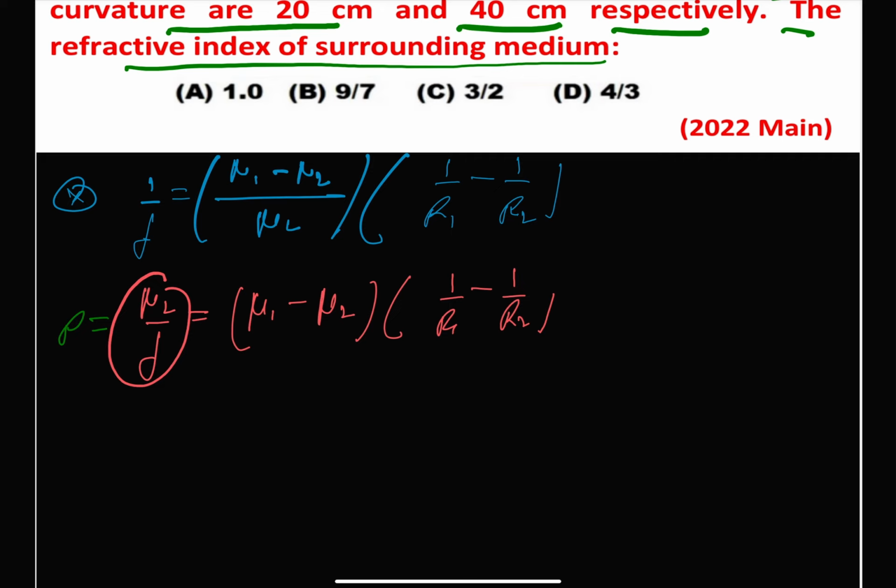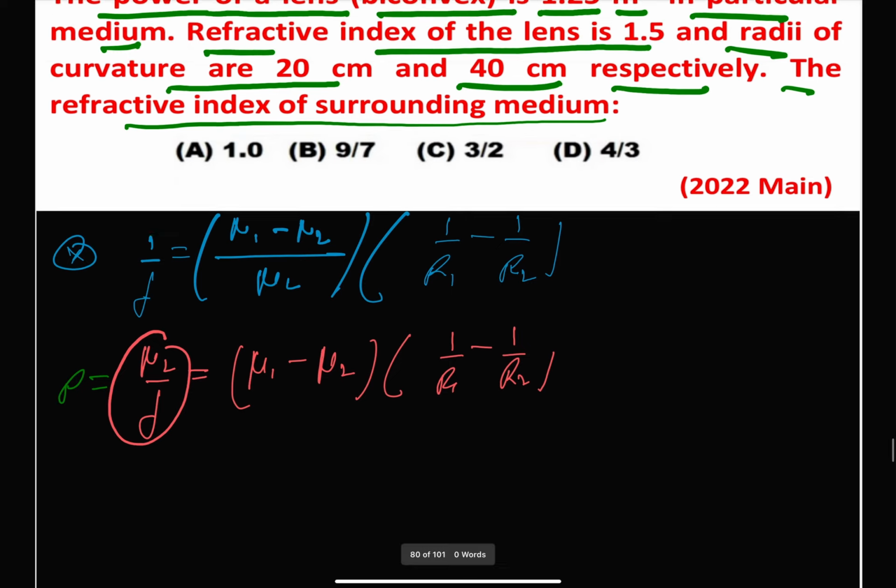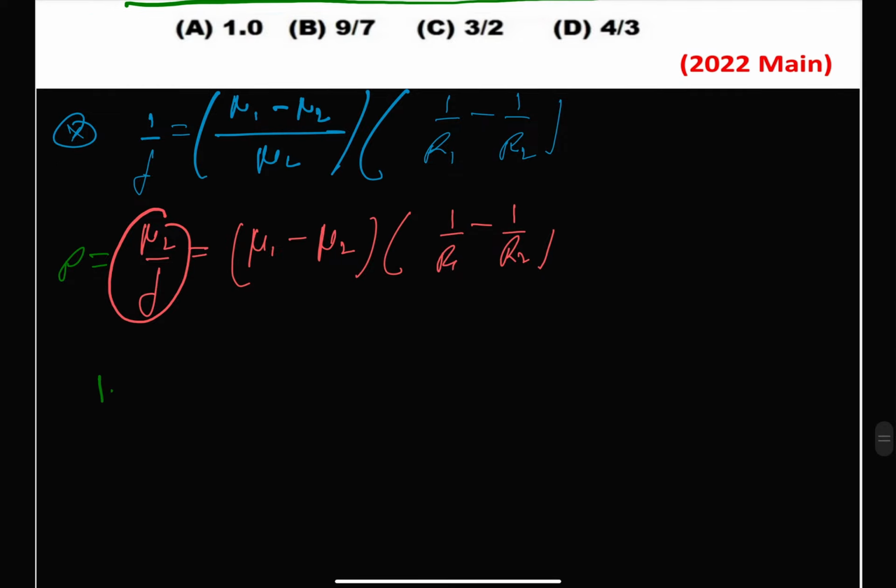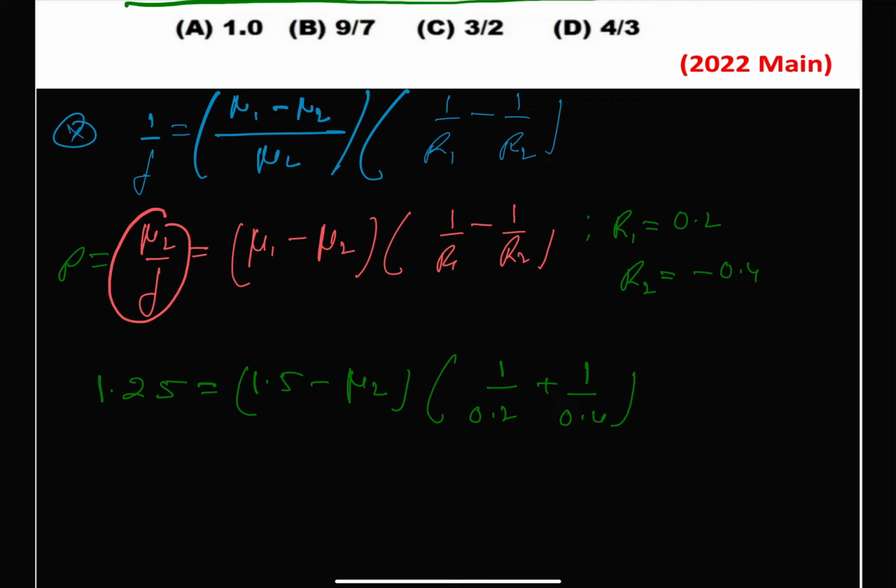Therefore we can write that power is given to us as 1.25. So here we have 1.25 is equal to mu1, which is 1.5, minus mu2, and we are given r1 as 0.2 and r2 as minus 0.4. So we get 1 upon 0.2 plus 1 upon 0.4, and 0.4 will be the LCM, so this comes as 0.6.